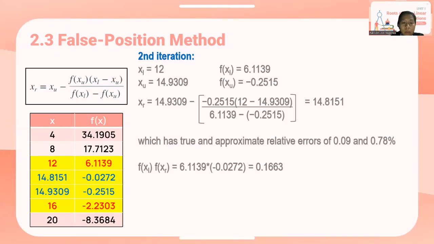So the product of the function of XL and the function of XR equals 6.1139 times negative 0.0272 equals 0.1663. Additional iterations can be performed to refine the estimates of the roots.